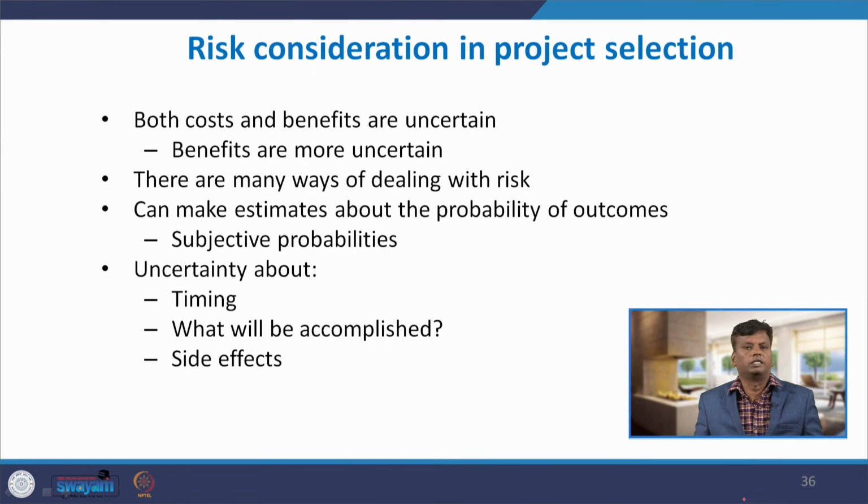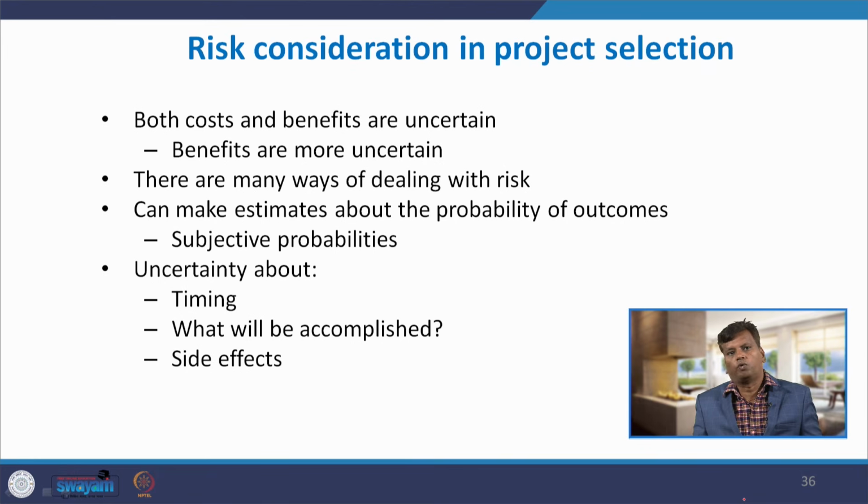And what uncertainties do you have to consider when using these project selection methods? One is timing. You are considering that the project duration may be 5 years, 6 years, but that is highly uncertain. Sometimes if there is no demand, the project may finish within 2 years, or it may exceed as well. So timing is one important uncertainty.